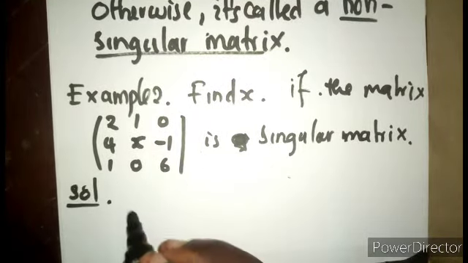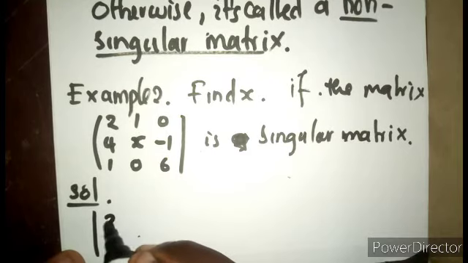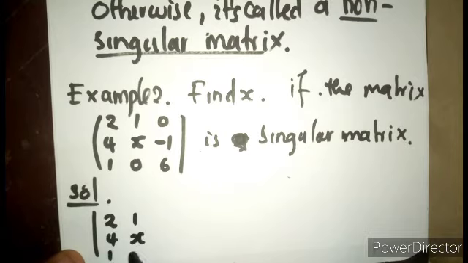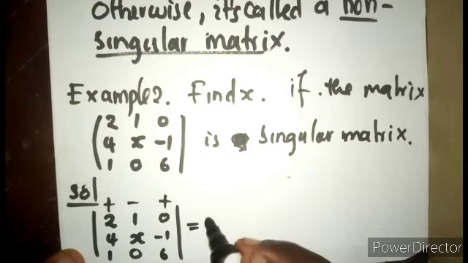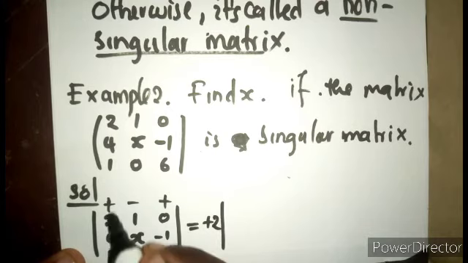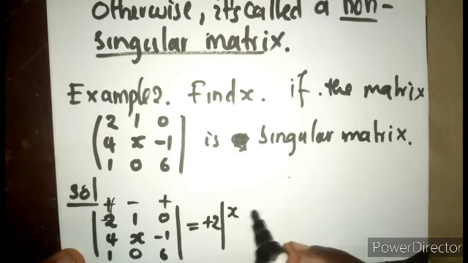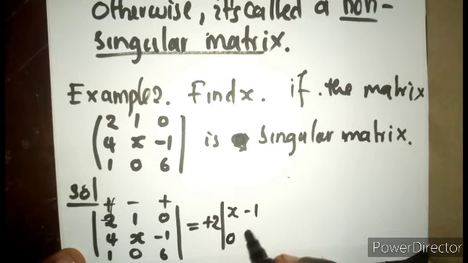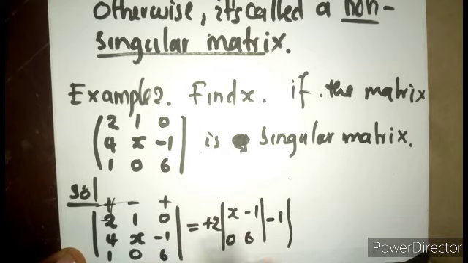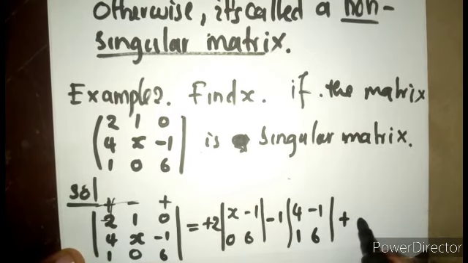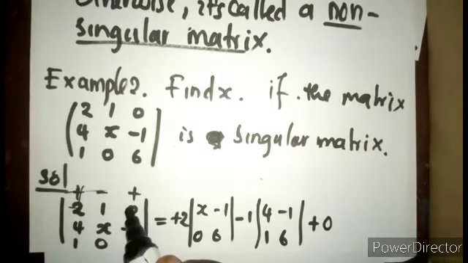To solve this, we first of all look for the determinant of this matrix. Because the signs are plus, minus, plus, we have plus 2. Cancel this, we are left with x, minus 1, 0, 6. Minus 1, cancel that, left with 4, minus 1, 0, 6. Plus 0. Oops, this is a beautiful thing.